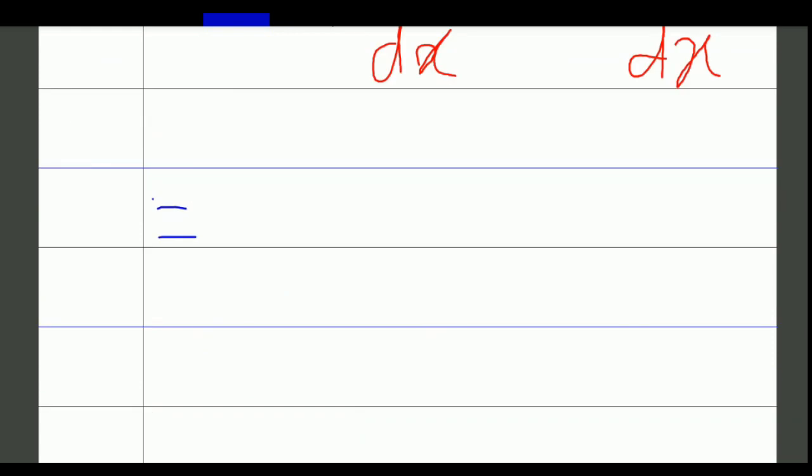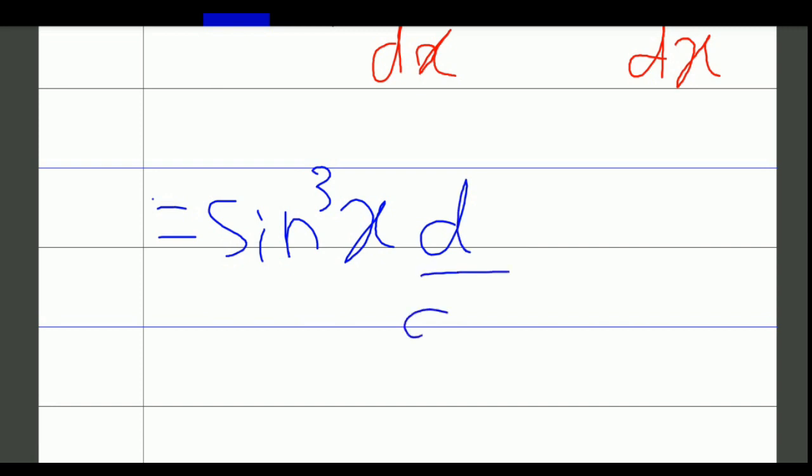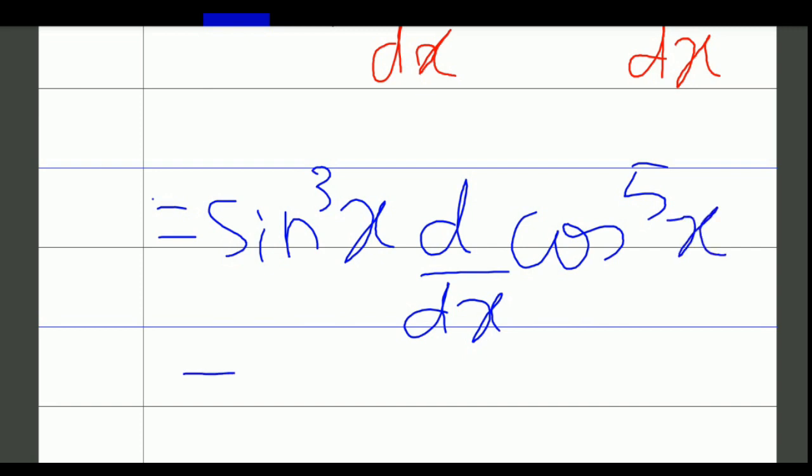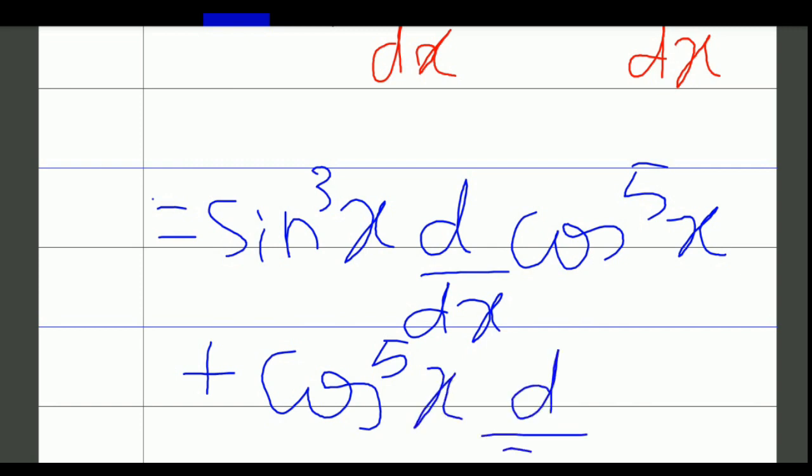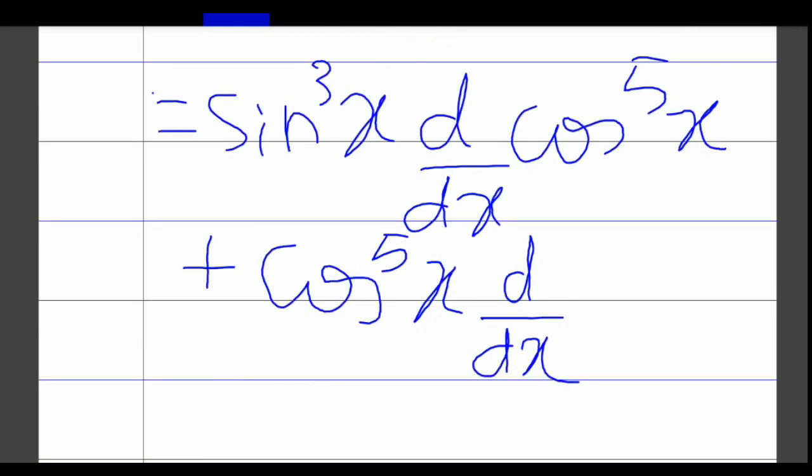So the differentiation of sin cube x into cos raised to 5x becomes sin cube x into the differentiation of cos raised to 5x, plus cos raised to 5x into the differentiation of sin cube x.